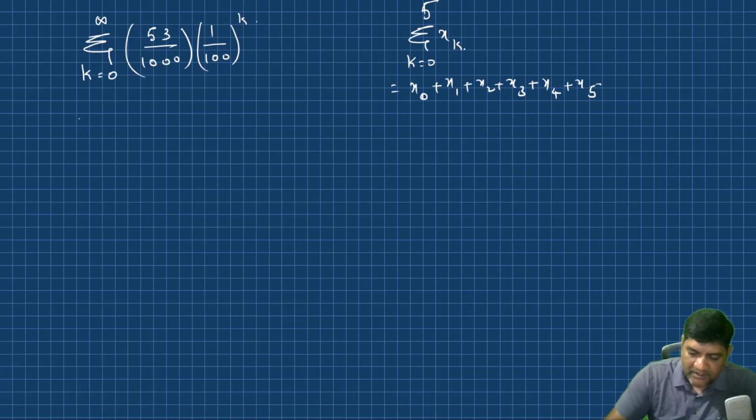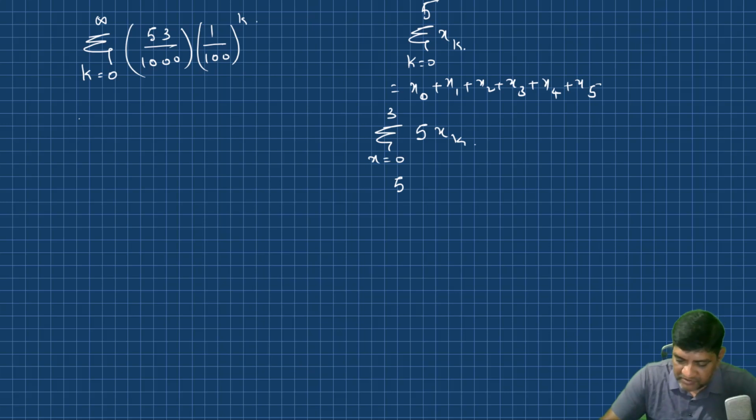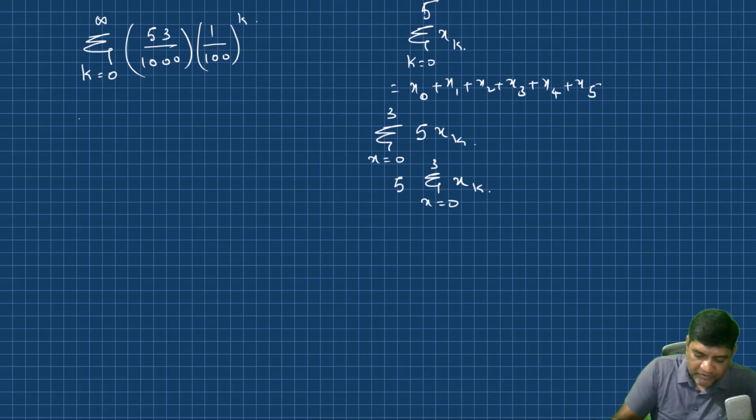And if I say it is the summation of k ranging from 0 to 3, and I'm multiplying this with a 5, which is a constant, and then an x_k, I would take the 5 common out and apply the summation only to x_k.